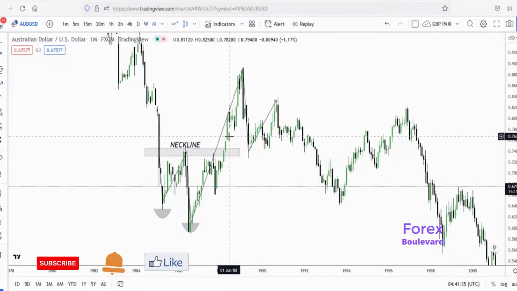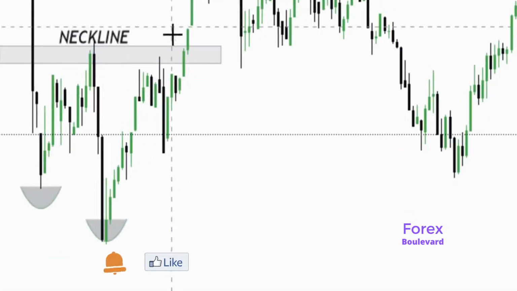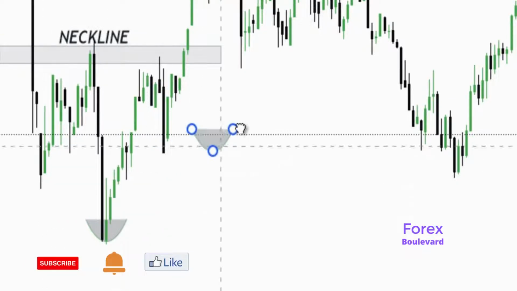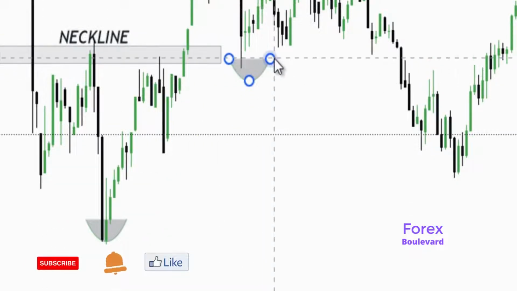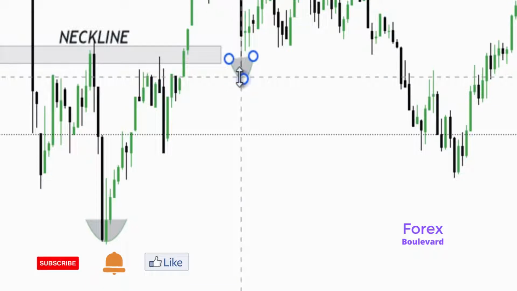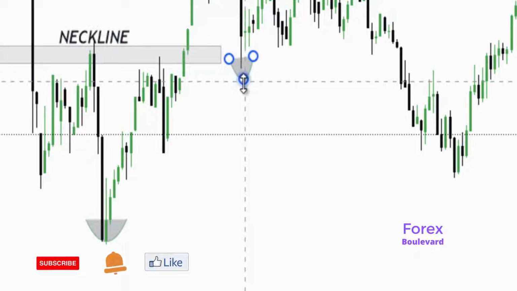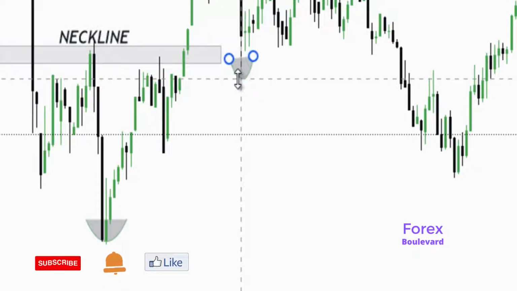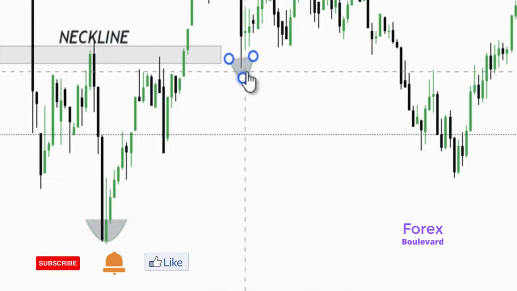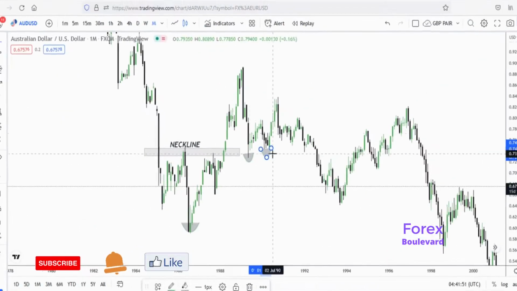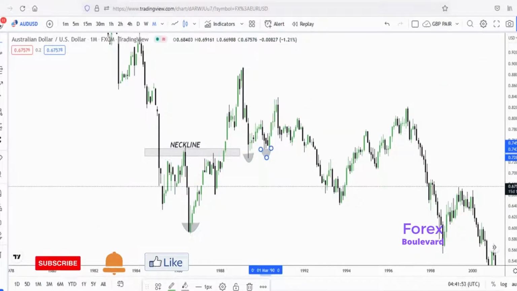And then we have another one here. Guys, I'm just trying to help you develop an eye for this. We have another one here. Price did this, came here, did this, and had a break.